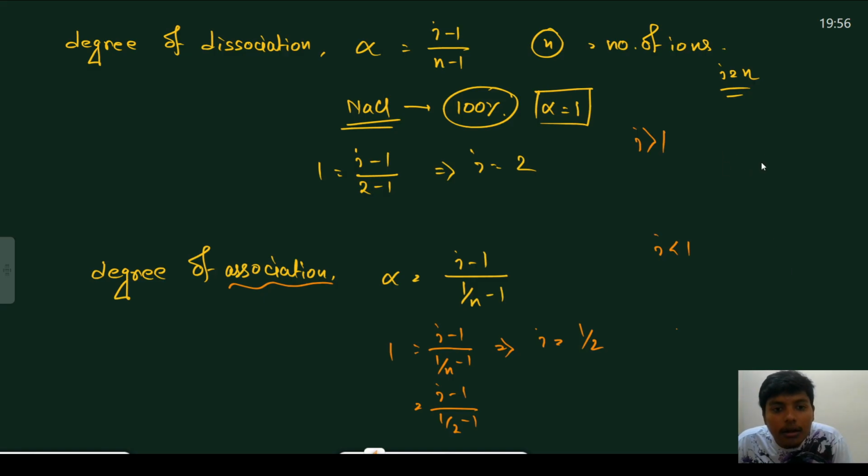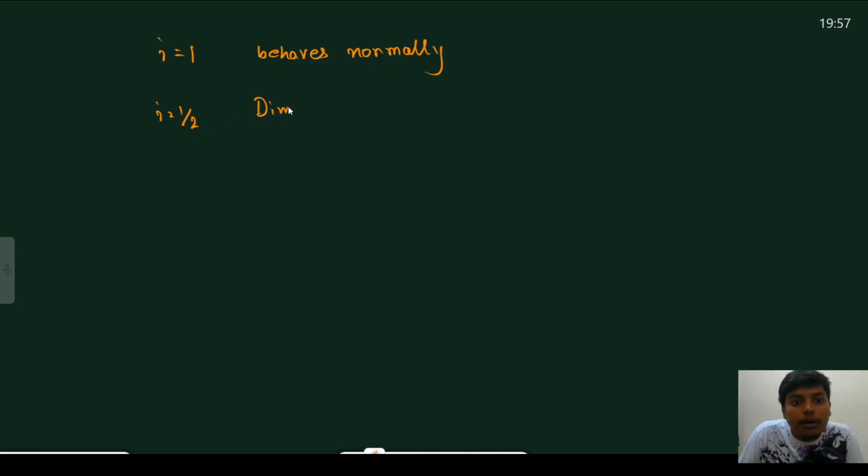Equal to 1 means there is no association. Remember, when i equals 1, the solute behaves normally: no dissociation, no association. When i equals half, there is dimer formation, association.